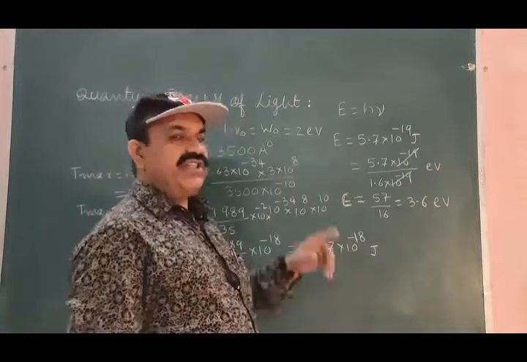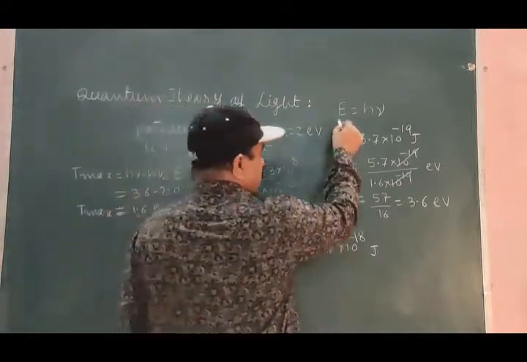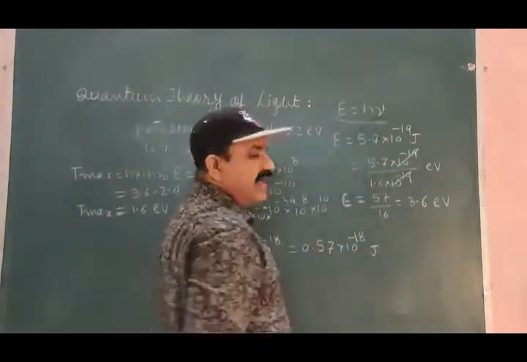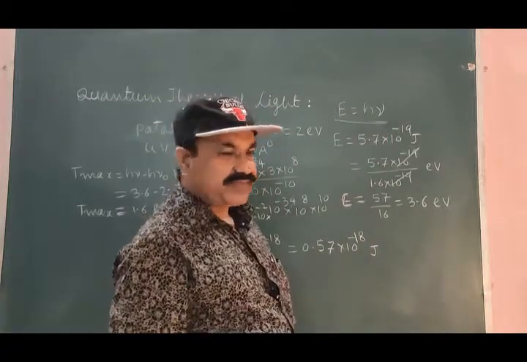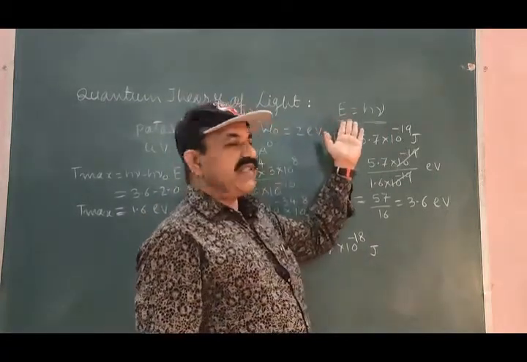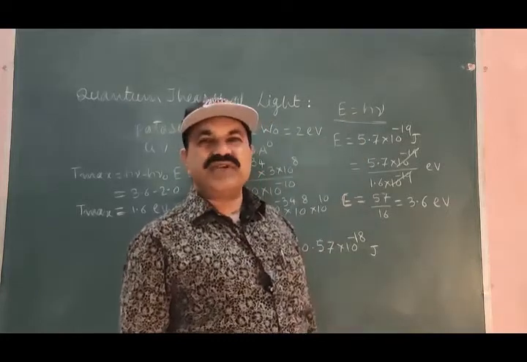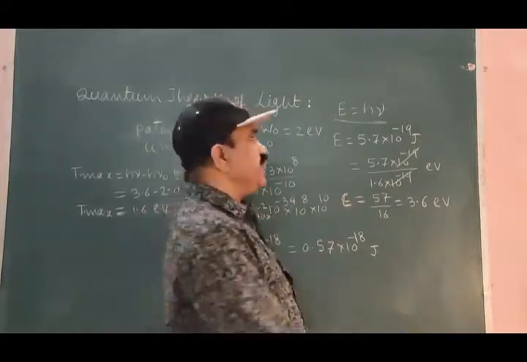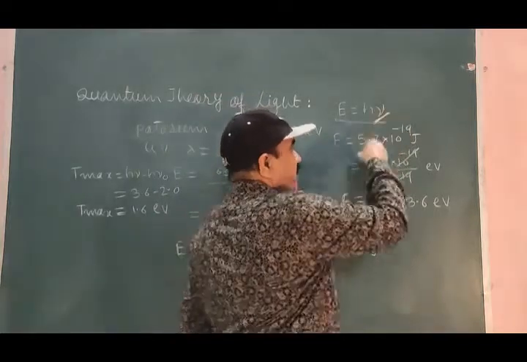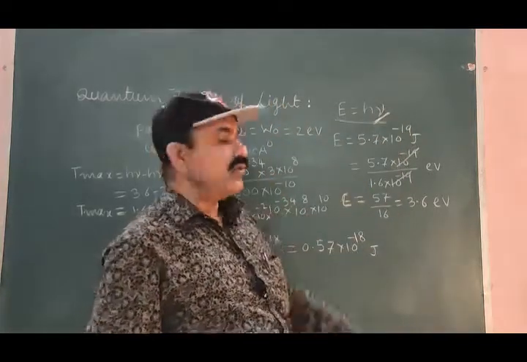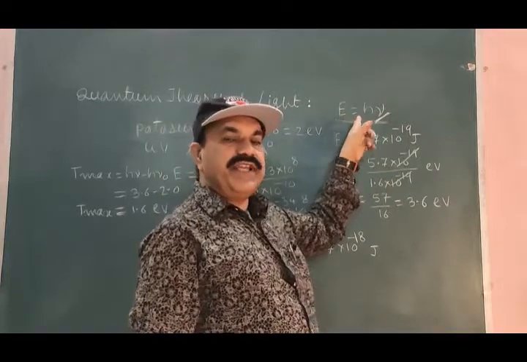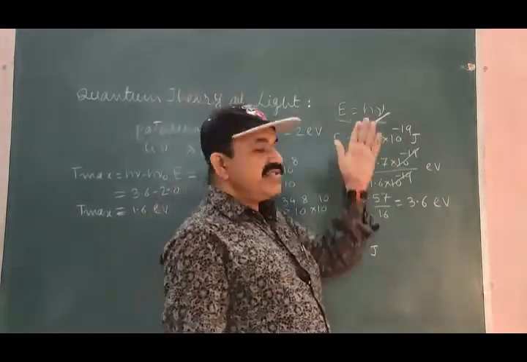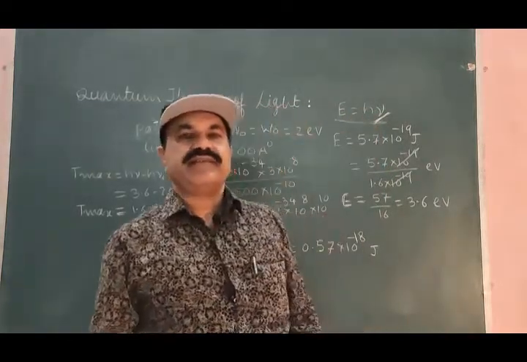We must notice one thing here. When the quantum theory of light proposes that the energy of a quantum is given by the equation E is equal to h nu, it exclusively uses the term nu to define the energy of the quanta. And what is nu? Nu is the frequency.